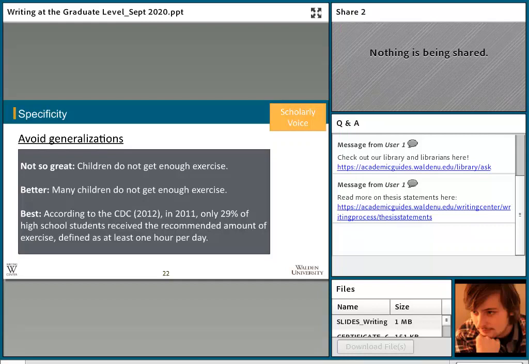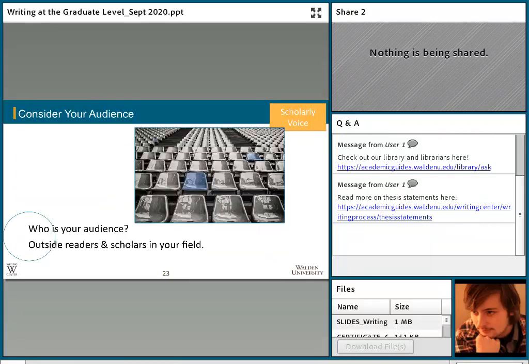So that portion of this statistic isn't unknown to the reader. You're telling the reader specifically how much the recommended amount is, and then what percentage of people in a certain population are not getting that. So again, you're getting more specific as these examples go on, and the most specific example is going to tell the reader directly the numbers in play here.